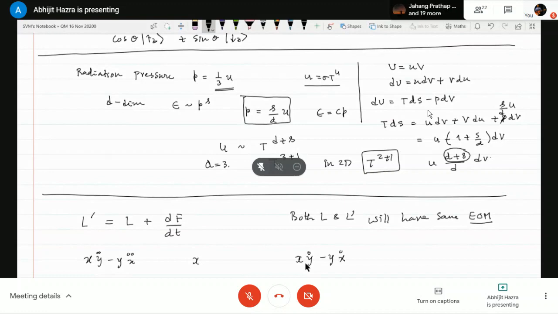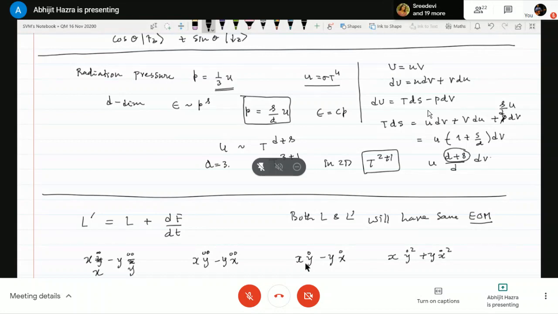Second option is x y double dot minus y x double dot. Third option is x y dot minus y x dot. First option: x into x double dot minus y into y double dot.